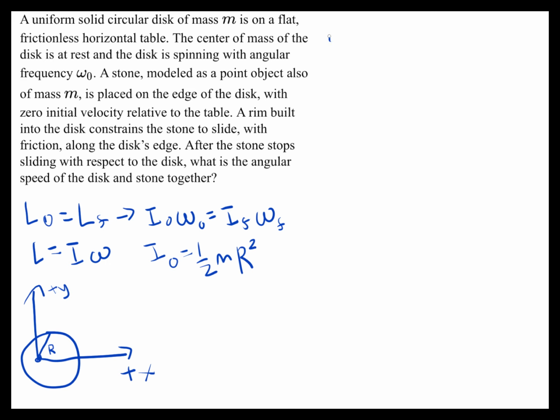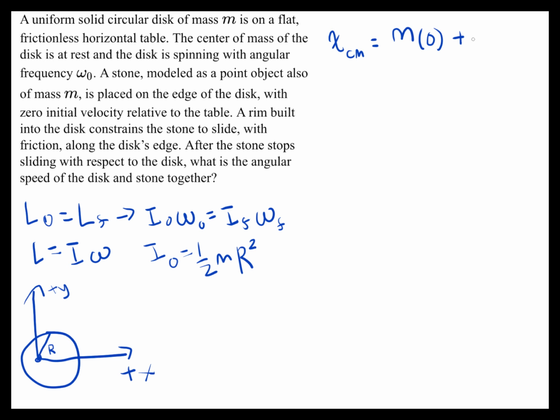The new center of mass can be determined by summing the masses times their distances. The mass of the disk is m, and since we centered the disk's center of mass on the origin, its distance is 0.